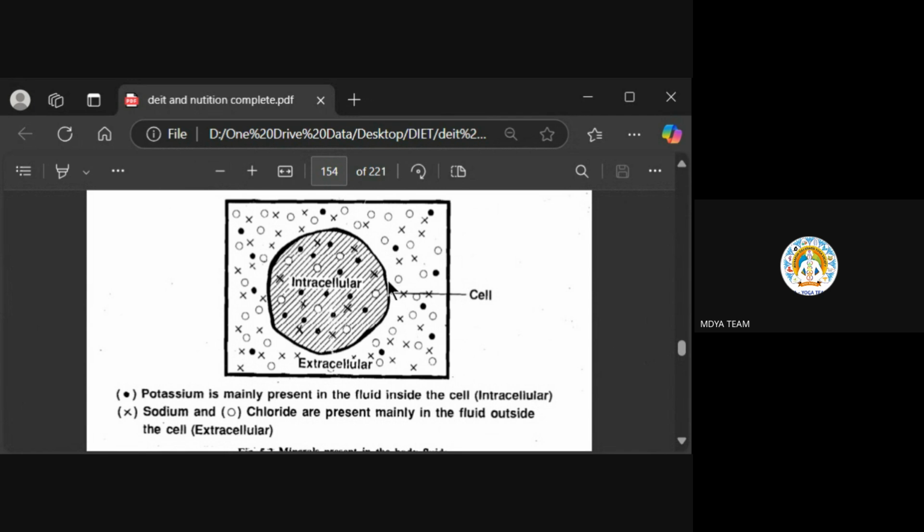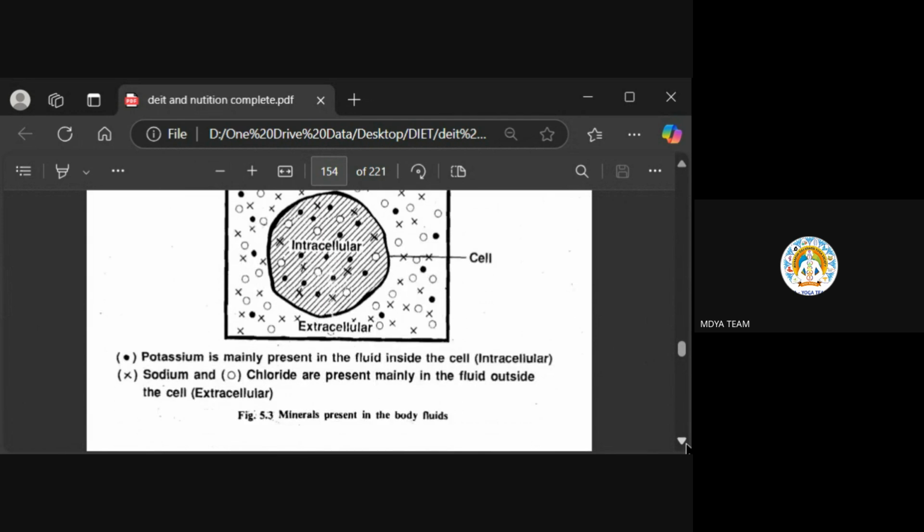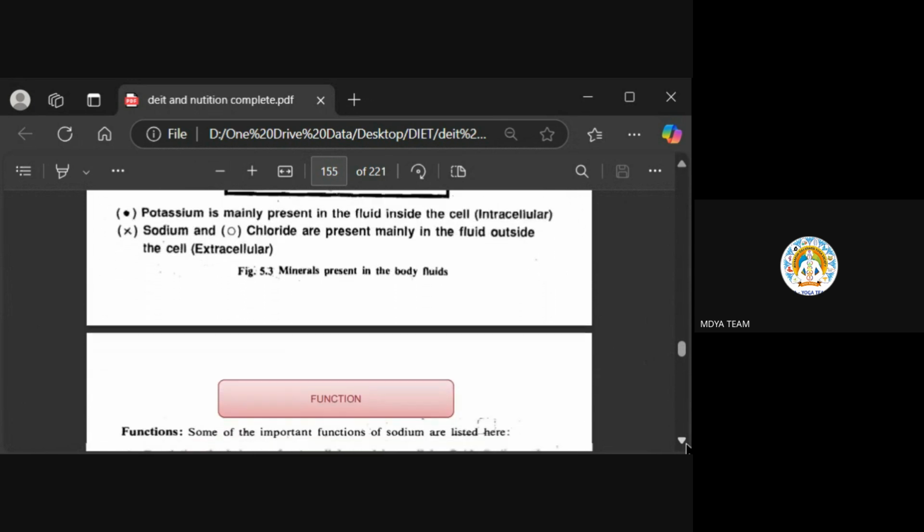They should be maintained intracellularly and extracellularly also. If the balance does not go appropriately, the cell may shrink or swell up, and the extracellular fluid may also dry out, or it affects the functioning of the cell. So the balancing should be there.